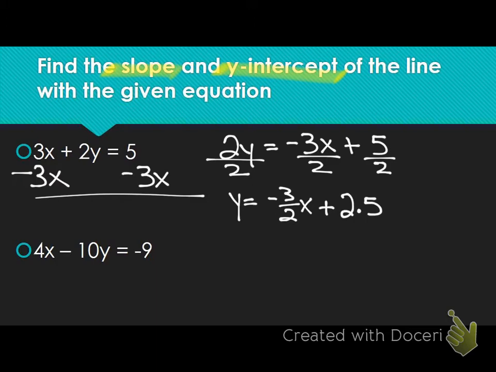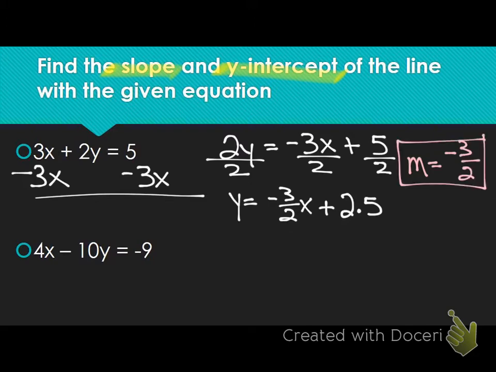What variable do we use to identify the slope? M. It's an odd variable. Has nothing to do with the way slope is spelled, but M is our variable for slope. What is our slope? Negative 3 over 2, not the x. Only the coefficient attached to the x, negative 3 over 2.